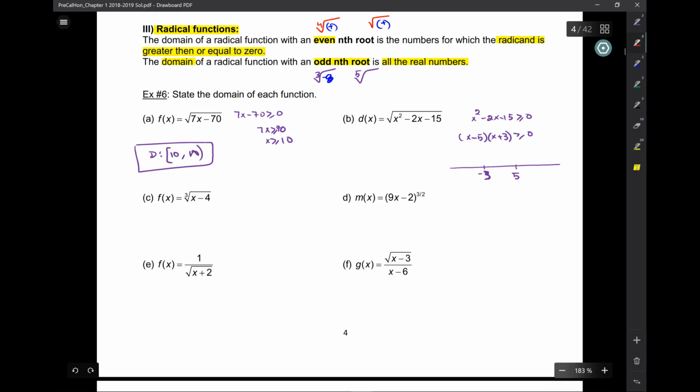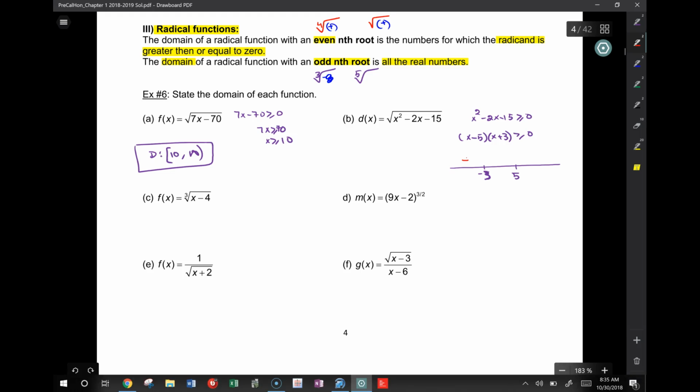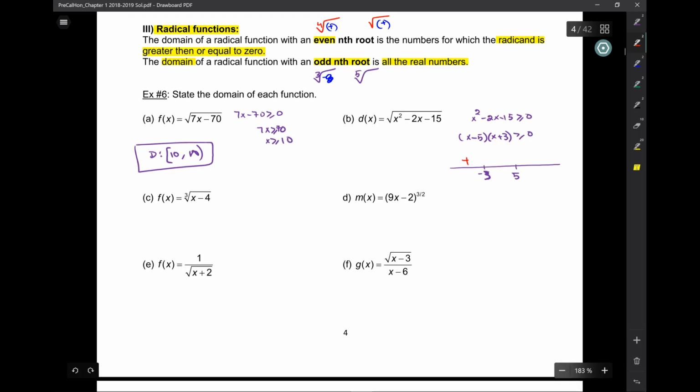So here's how I do it. A number from here, like negative 5. If I plug it in the first parenthesis, does that give me negative or positive? What about the second one? Negative. Negative times negative, that'll be positive. If I plug in a 0, I get negative, positive, that's negative.